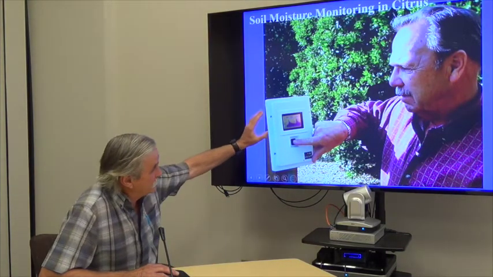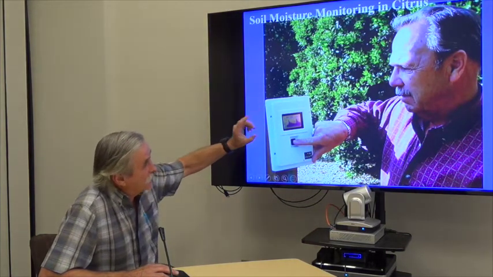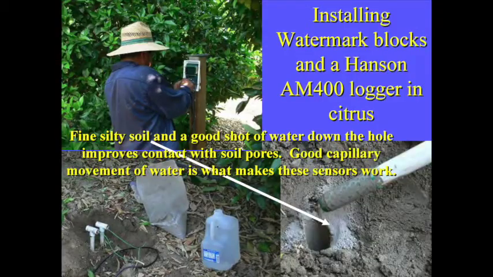So what we want to do for grower practicality, to keep this at a simple level, is we went into this citrus orchard and we just implemented one set of watermarks on a low elevation part of one hose, went to the same hose on the high elevation part and put the other watermarks.